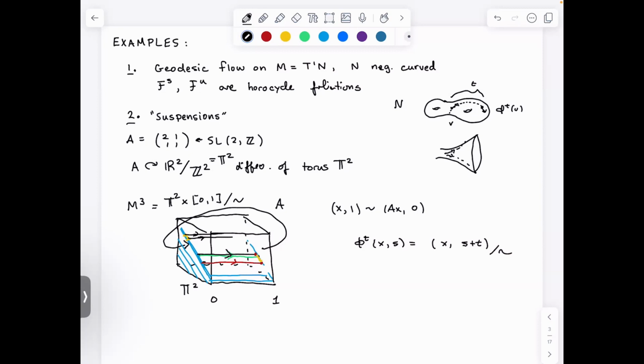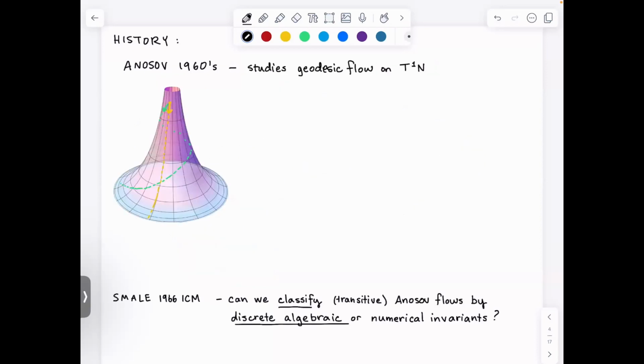Okay, so here in the great history of things, we've arrived at about the end of the 1960s, where this was kind of the state of what was known. Let me do a little history. So who was it, Anosov, and what was he doing in the 1960s?